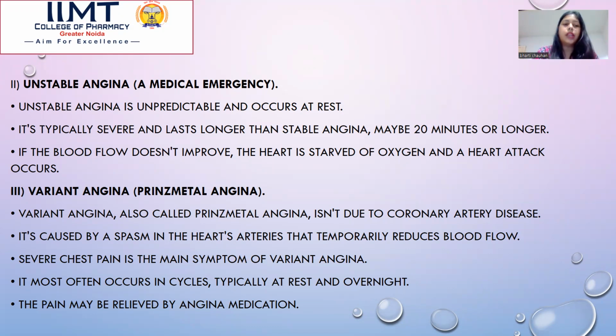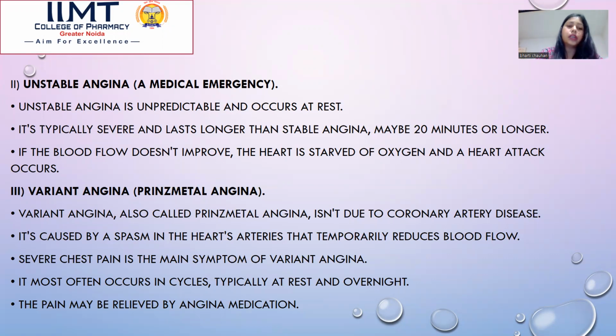So the same condition will happen here. Due to the spasm, the blood flow will not be able to go throughout the heart. So severe chest pain is the main symptom of variant angina. Ultimately, chest pain will occur when there is a pressure build up at the front of the pipe and it is not able to go through that, right?